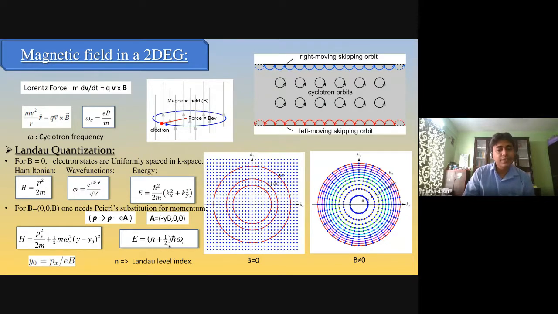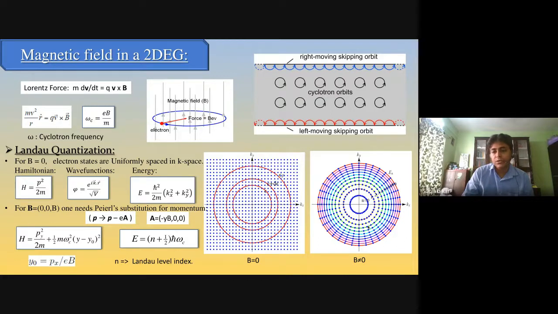So there is a huge degeneracy attached to every Landau level in this problem. And in the k space, there is a complete rearrangement of the allowed k points. Now we have these concentric circles, and each circle corresponds to one Landau level, n equals 0, 1, 2, 3, and so on.